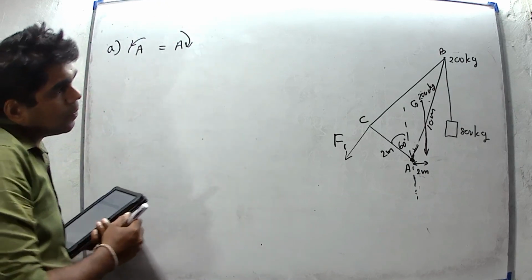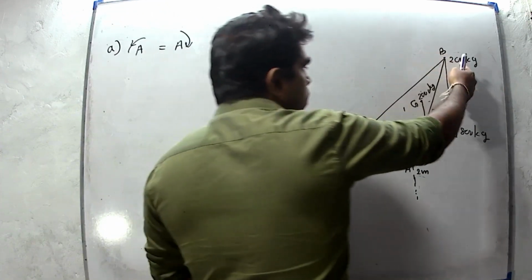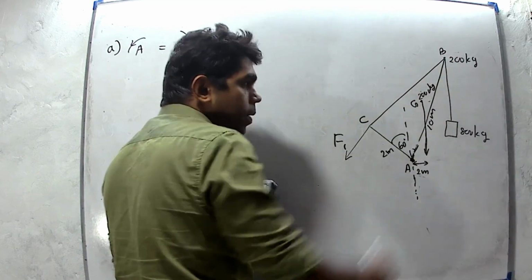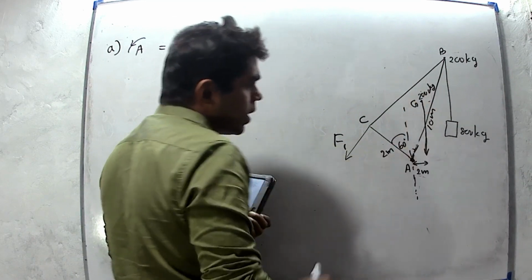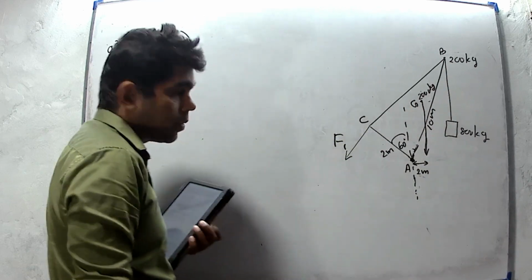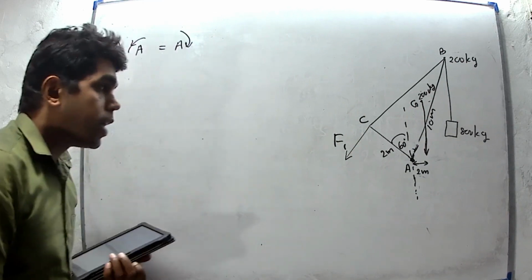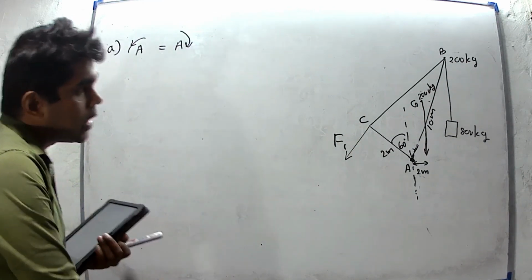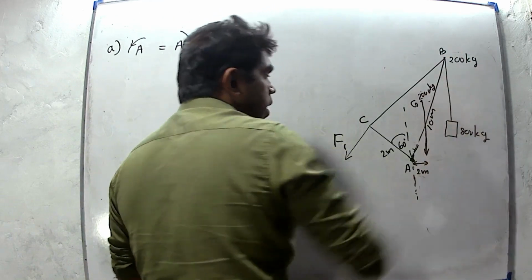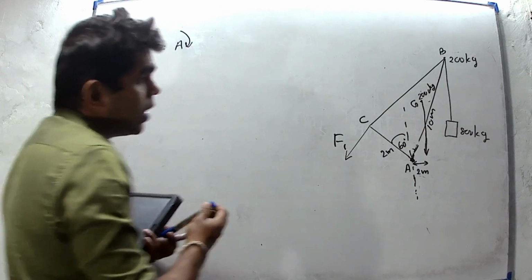Now there are 4 forces. Mass of pulley 200 kilograms, mass of cylinder 800 kilograms, mass of arm 2000 kilograms. There are 3 weights due to masses, and there is only one force given by F1. But we can consider the action line of these 2 forces, 200 and 800, is the same action line.